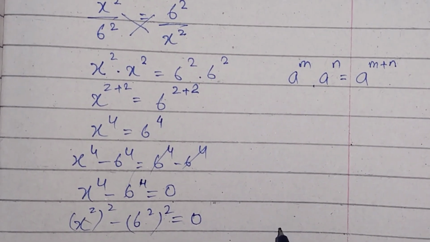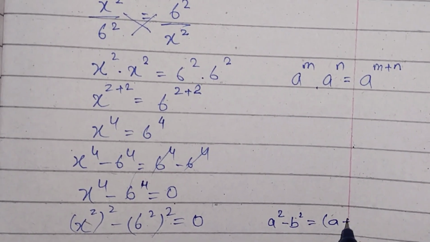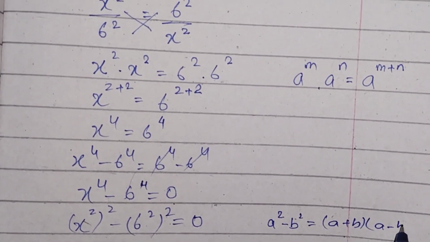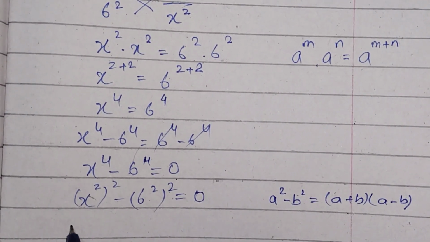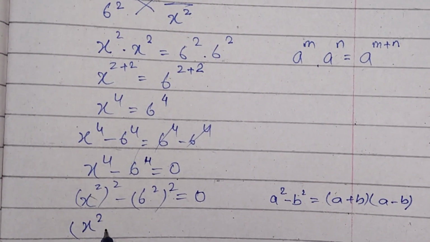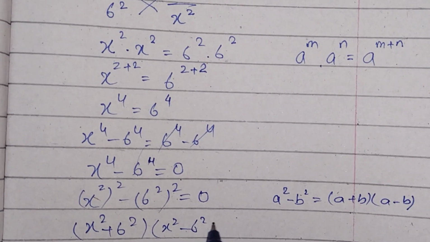Now there is a formula that a square minus b square always equals a plus b times a minus b. So we put here this formula, and it becomes x square plus 6 square times x square minus 6 square equals 0.